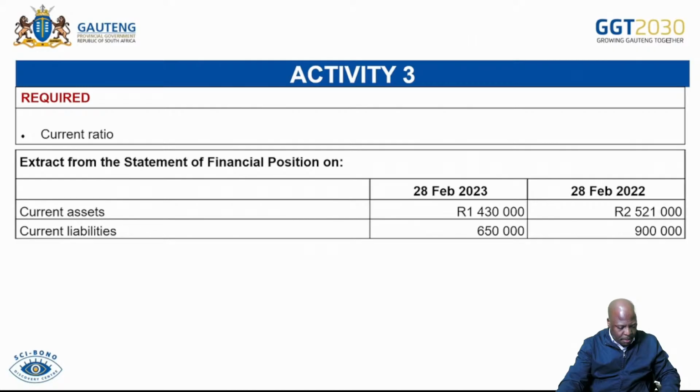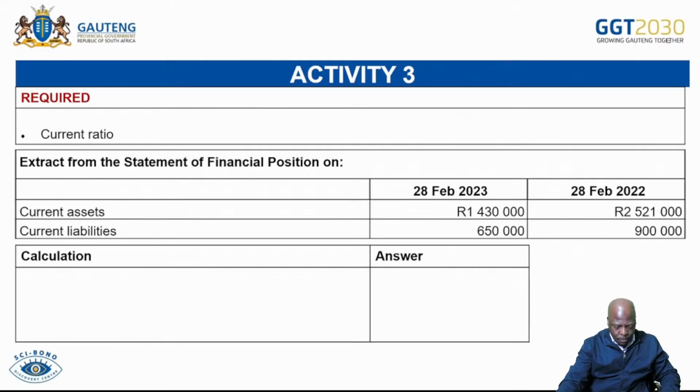The next one is going to be my current ratio. And to get the current ratio, remember, it is your current assets as to your current liabilities.